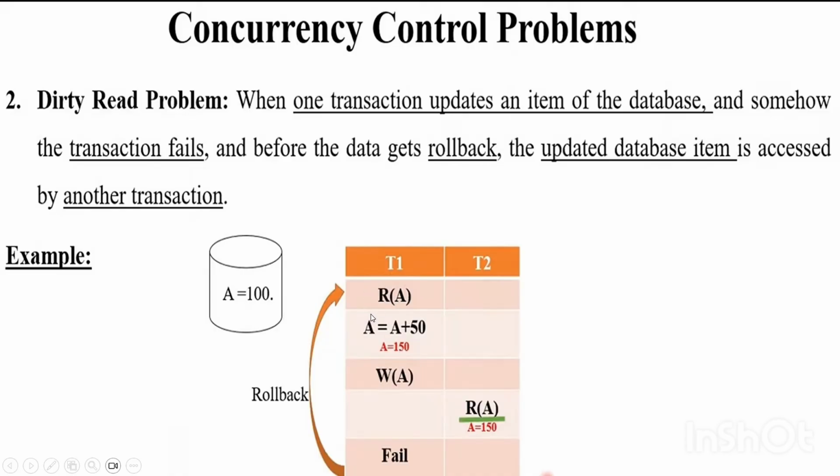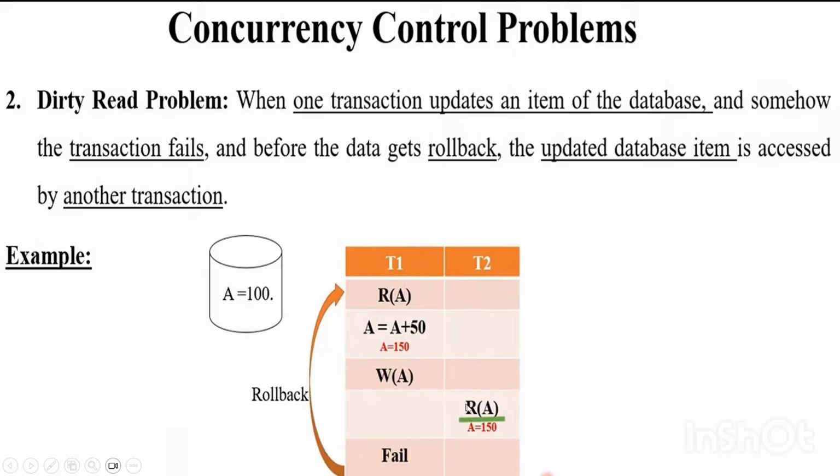After reading the value of A, now comes the write of A, W of A, which is W of 150. Then the next transaction, transaction 2, another user accesses this database.